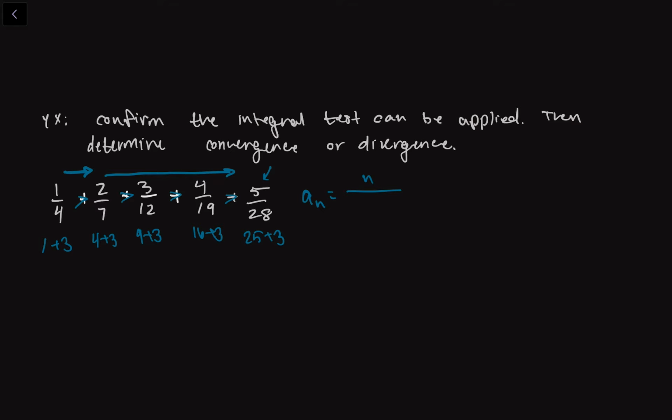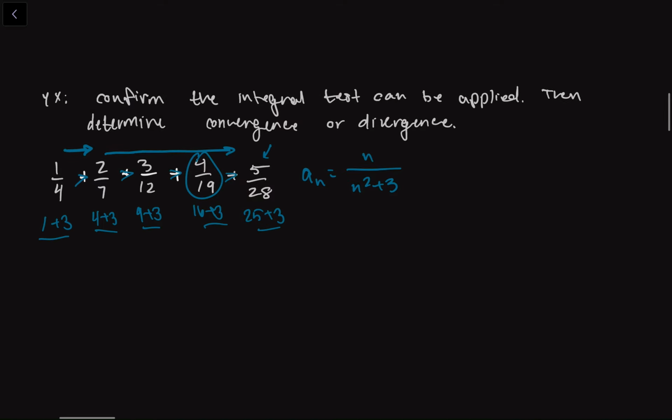You can see that for n equals 1, 2, 3, 4, 5, the pattern is just n squared plus 3. Look at this term right here, n equals 4. We're going to square 4 and get 16 and add 3 to get that 19. So this pattern works for all of them.